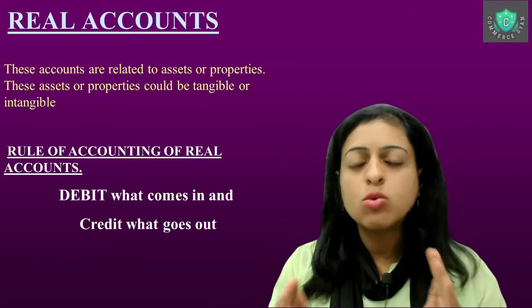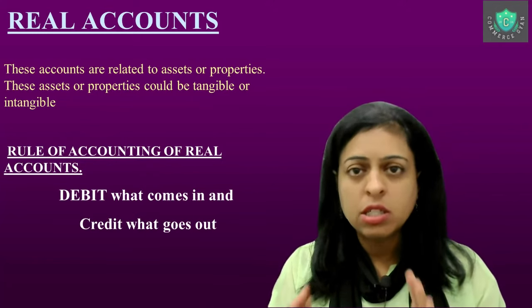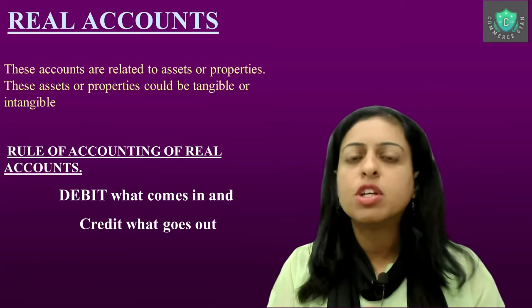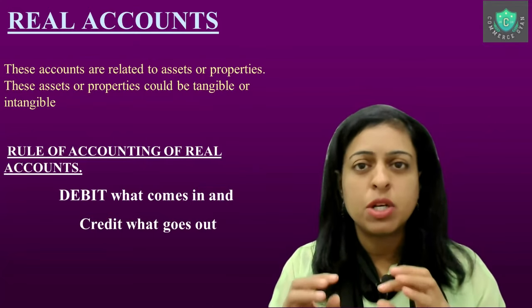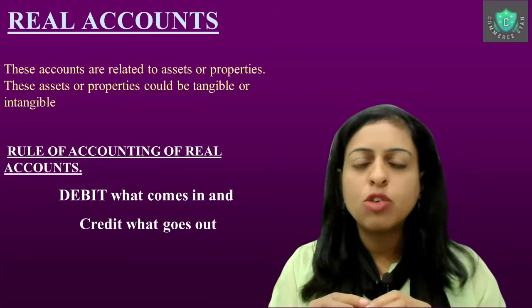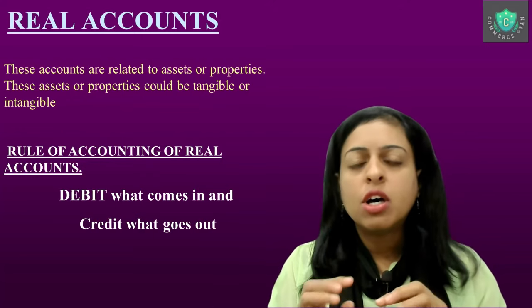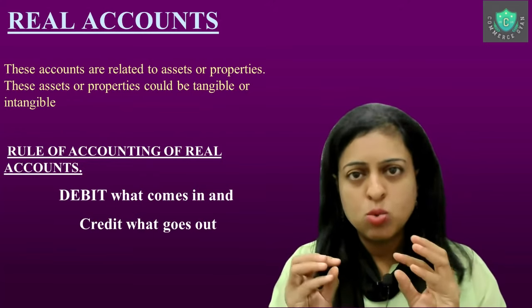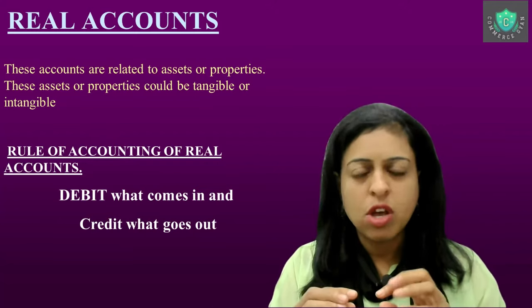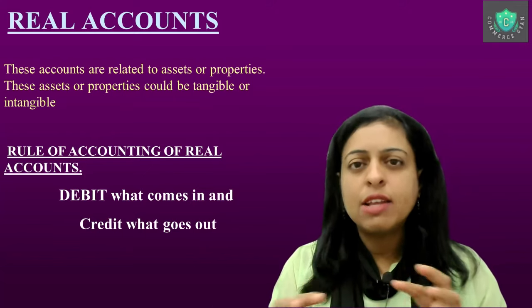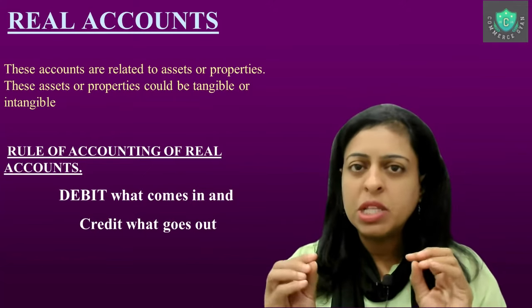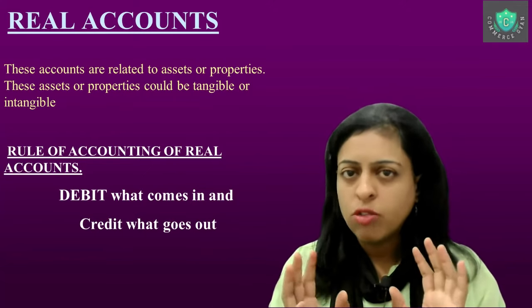So hope real accounts and the rule of real accounts is clear a little bit at least, because further we will take a lot of questions and illustrations which will make this particular concept clear. So at the end of the video, we are going to take a couple of illustrations which will help you understand the types of accounts, and they will also help you to clarify what will be the debit and what will be the credit when you apply the rule of account.